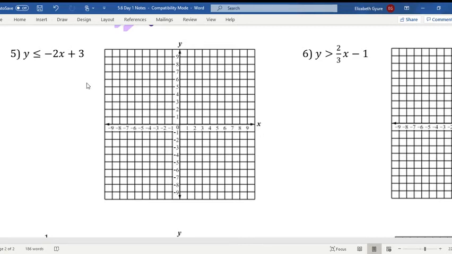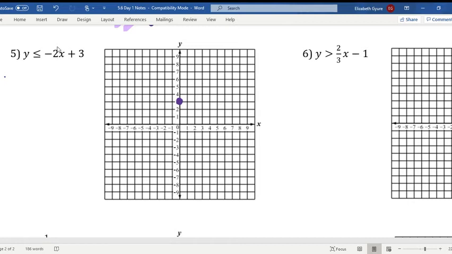3. So very good. I'm going to put a dot at 3 on my y-axis because that is my y-intercept. Somebody else, what's my slope? Yep, negative 2 or negative 2 over 1. Asia, do you remember how you'd count out a slope of negative 2? Oh, that's okay.